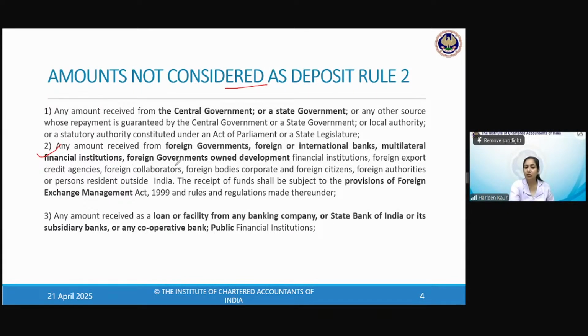One of the amounts mentioned under Rule 2 is any amount received from foreign government, foreign international banks, foreign financial institutions, foreign-owned development financial institutions, foreign bodies, will not be considered as deposits. Such receipt of funds have the provisions of the FEMA Act applicable.